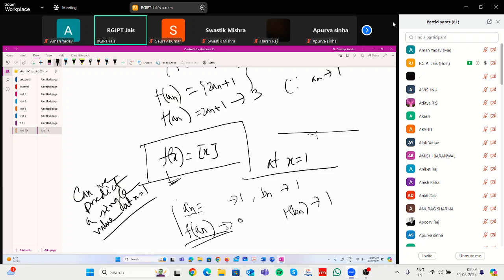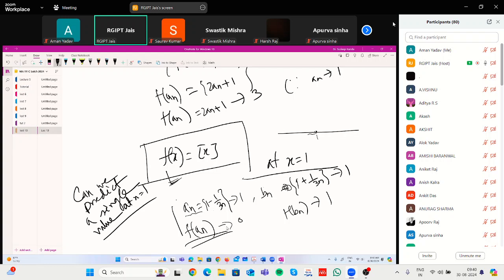You have to take 1 minus some value. Suppose this is the sequence a_n, and suppose b_n is this other sequence.